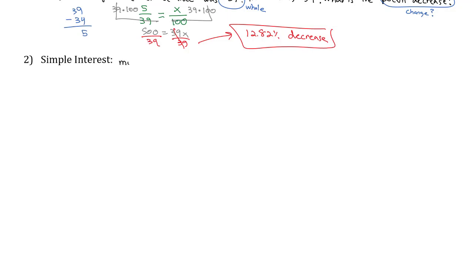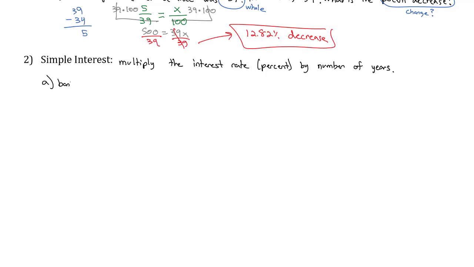We are going to multiply the interest rate, or the percent, by the number of years. That's the special thing when you see the word simple interest.